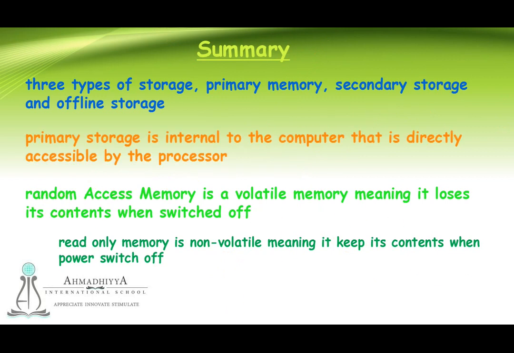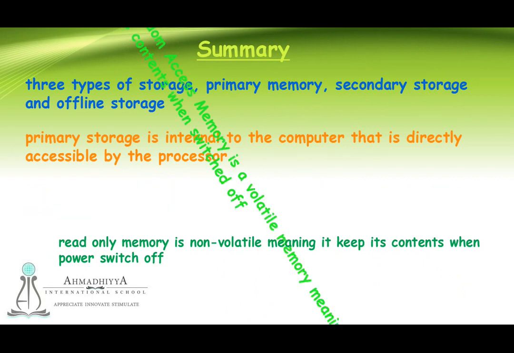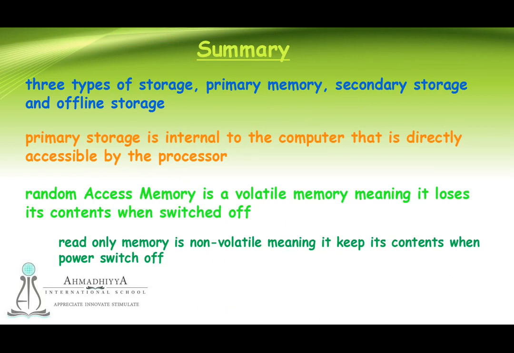Next is the RAM. The expansion for RAM is random access memory. It's a volatile memory, meaning it loses its contents when switched off. And finally, ROM means read-only memory. It's a non-volatile memory, meaning it keeps its contents when power is switched off.